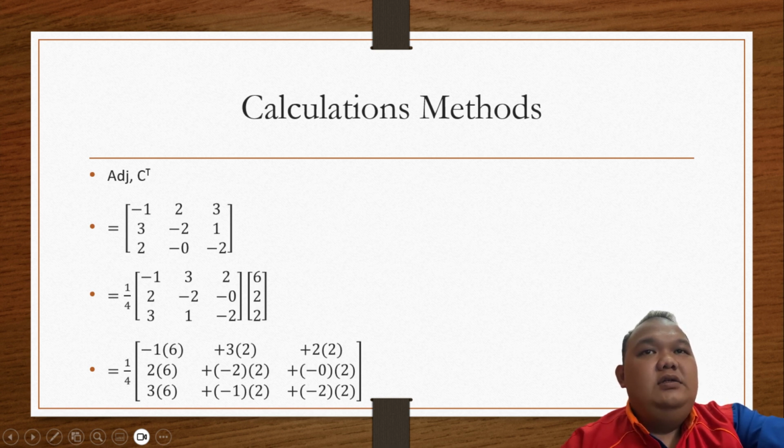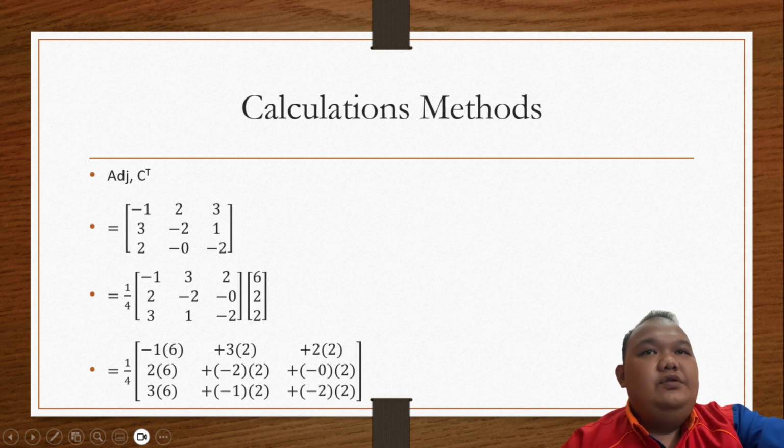For the answer, we must do 1 over 4, open bracket, the cofactor transpose, times the answer 6, 2, and 2. It will be 1 over 4, open bracket, negative 1 times 6, 3 times 2, plus 2 times 2.